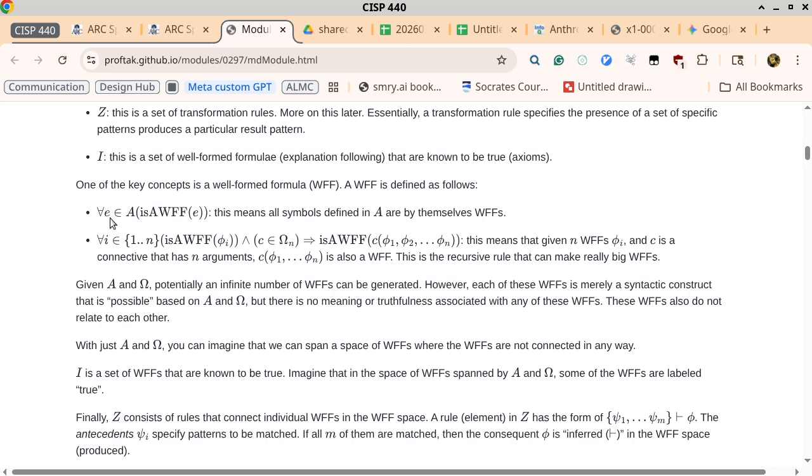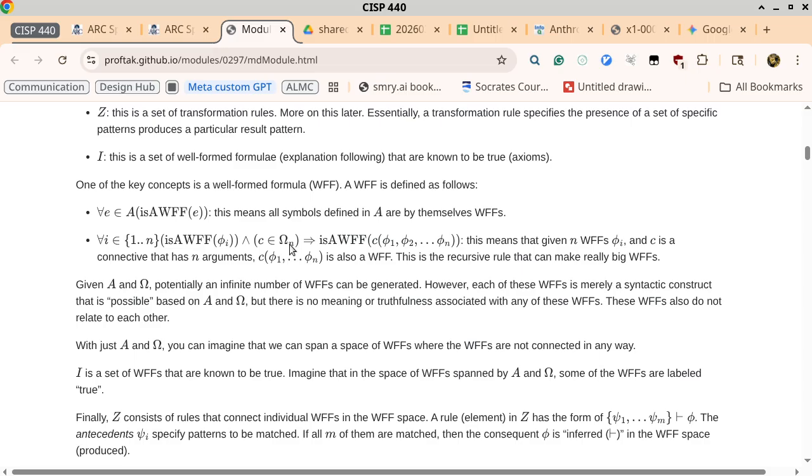All right. Are we ready to move on to the second line, which is the recursive definition of what is well formed? Okay, so let's move on. With this one, the first thing we have to understand is C is an element of omega n. You go like, wait, you never talked about what is omega n.